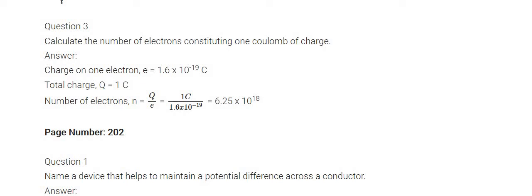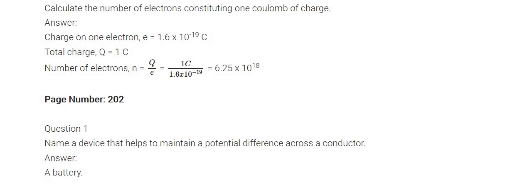The number of electrons, N, is equal to Q by e. Here Q is 1 coulomb and the charge of the electron is 1.6 into 10 raised to minus 19. So N, the number of electrons, is 6.25 into 10 raised to 18.